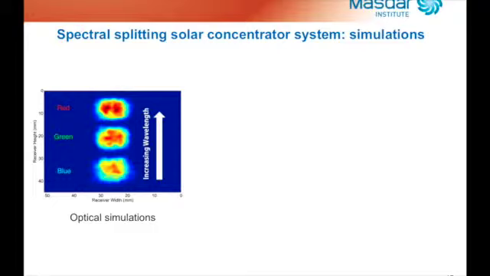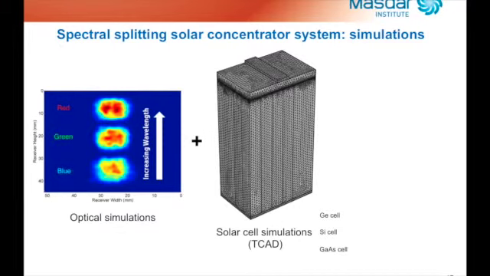But obviously, simply by looking at the optical simulation, we don't have the whole picture of the potential of such a system. So we decided to combine the optical simulation with the electrical simulation of the solar cell realized with TCAD, and this is the set of materials that we use: germanium, silicon, and gallium arsenide.